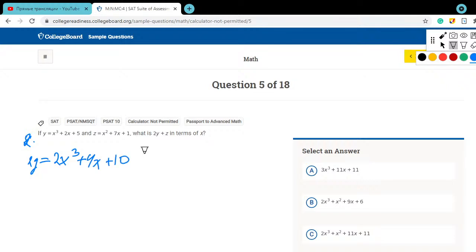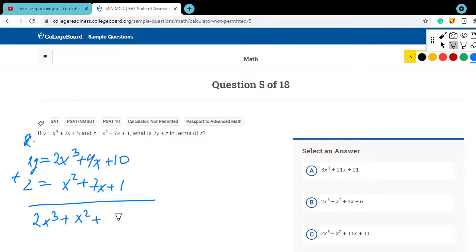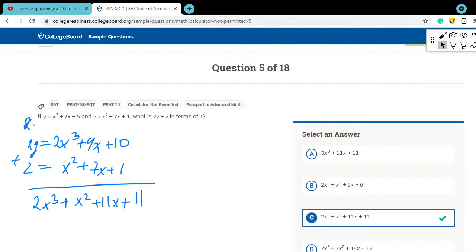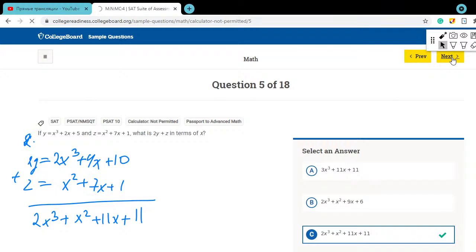We got it, and now we need to add x squared plus 7x plus 1. So it's just 2x to the power of 3 plus x squared is 1, plus 4x plus 7x, it's 11x plus 11. Do we have such an answer? Yep, this one. Next.